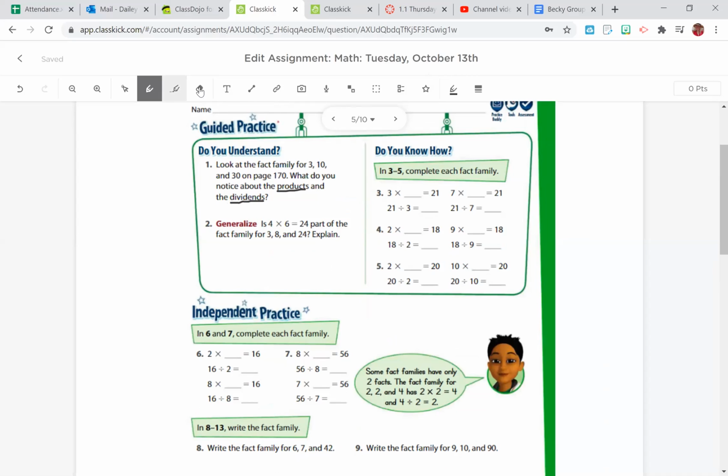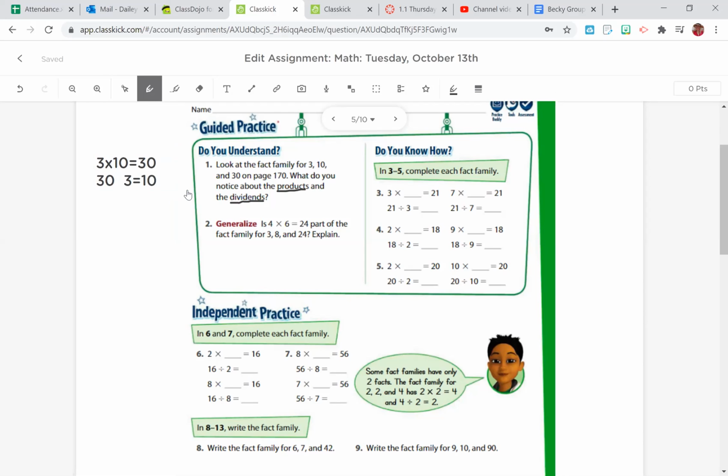Remember, products are the answer to a multiplication problem, and dividends are what we start with. So let me write those two out. If you have 3 times 10 equals 30, and 30 divided by 3 equals 10.